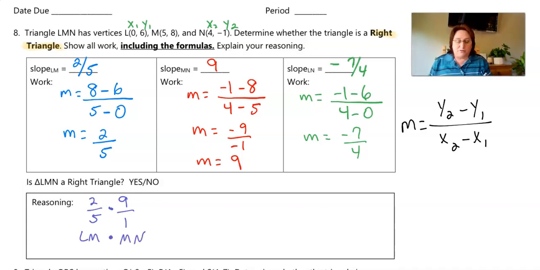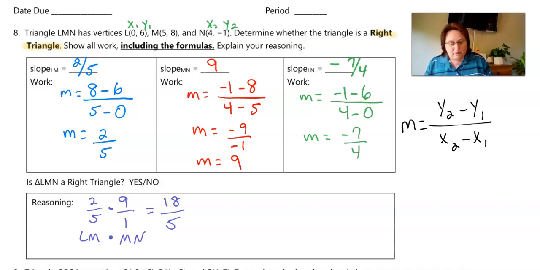I'm going to multiply those and see, do they equal a -1? Well, 2 times 9 is 18. I multiply straight across. 5 times 1 is 5. Nope, that doesn't work. Those two lines are not negative reciprocals.